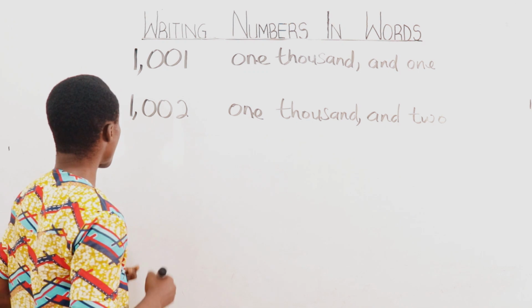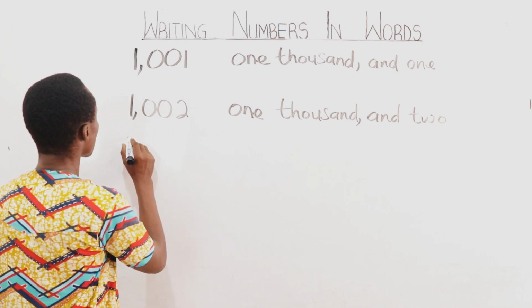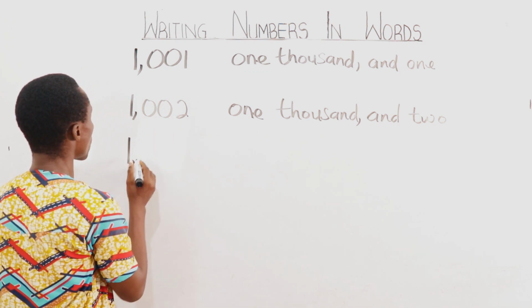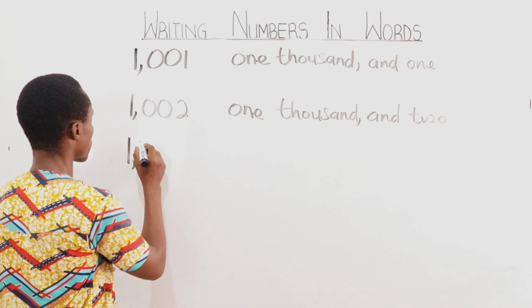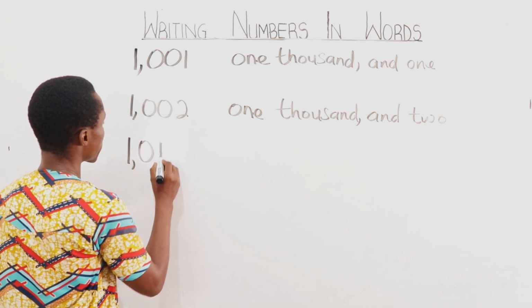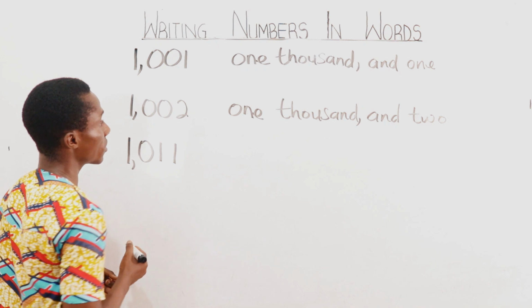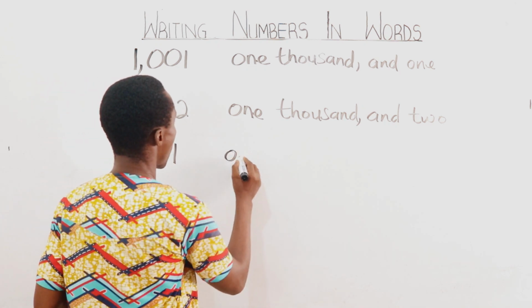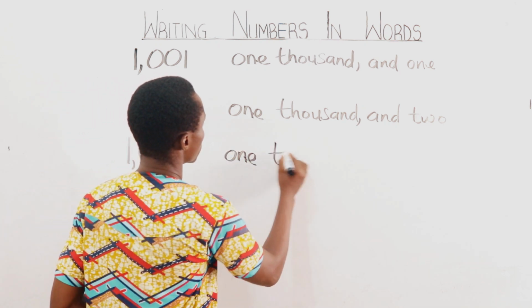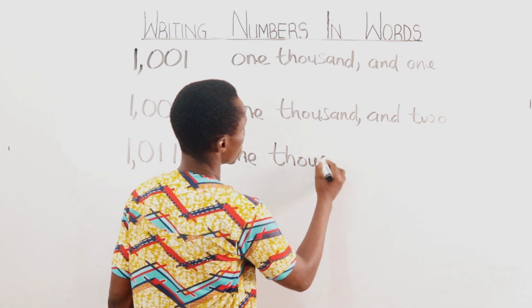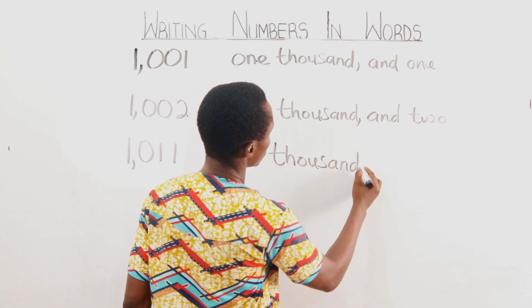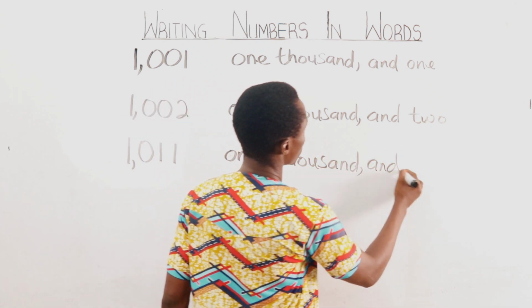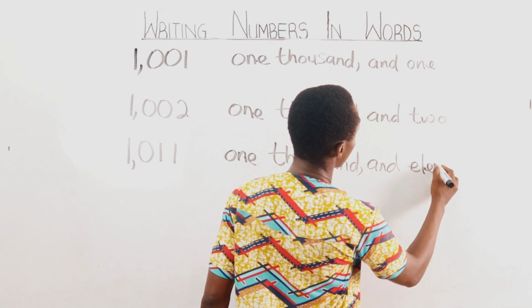Now let's jump a bit. Let's go to, for example, 1,011. Okay, we have 1,011.